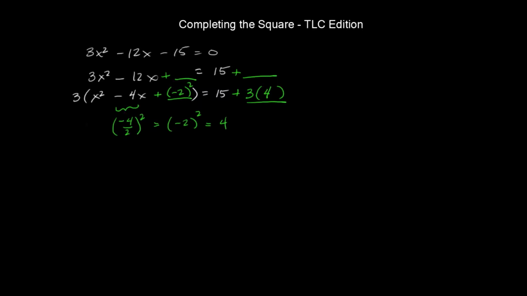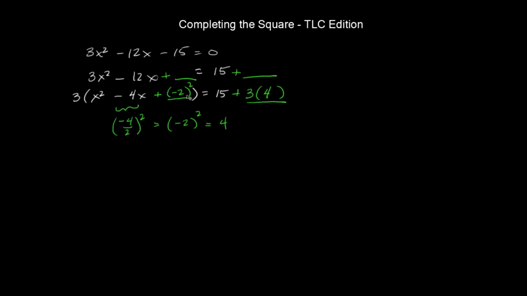However, pay close attention to this 3 on the right side over here. Now, the reason why we wrote that 3 down, I think now you can see why. It should be kind of obvious. If you look at the left side, there's a 3 on the outside of this large set of parentheses. When you added the 4 on this side, if you were to distribute the 3 to each one of these terms, you would end up with 3 times this 4.